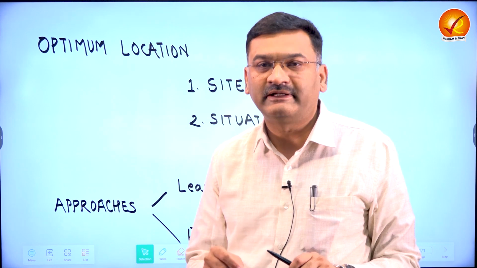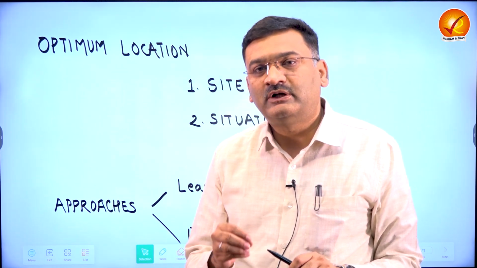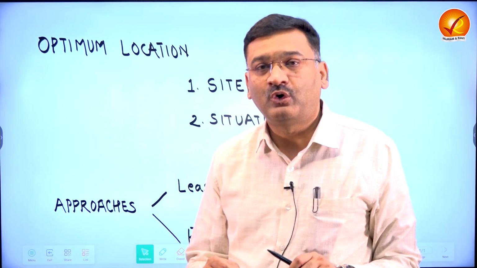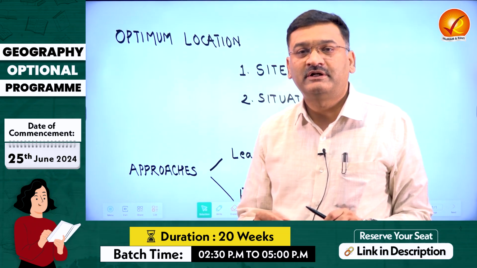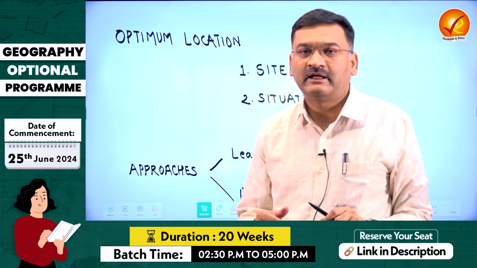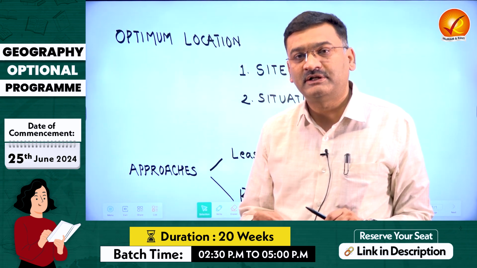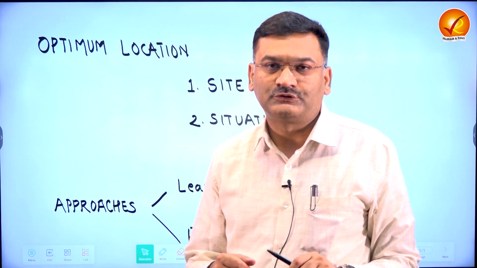Optimum location of agriculture means where we can fulfill the demand for certain agricultural commodities. Optimum location of industry means where industries, if set up, can flourish, develop and sustain themselves, with availability of inputs and a demand for output.